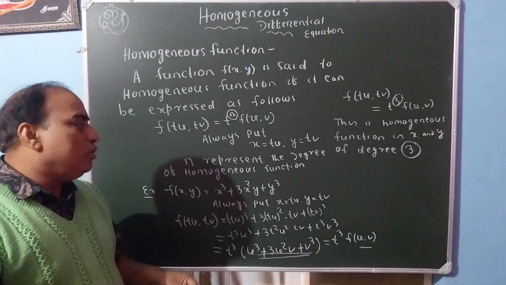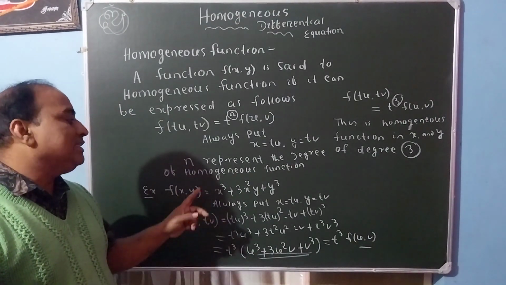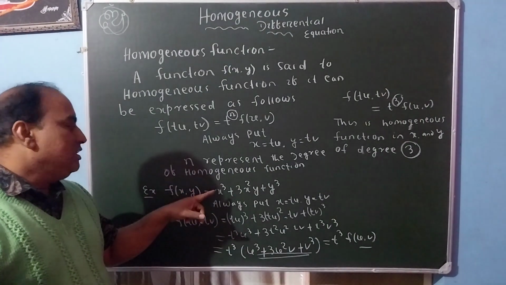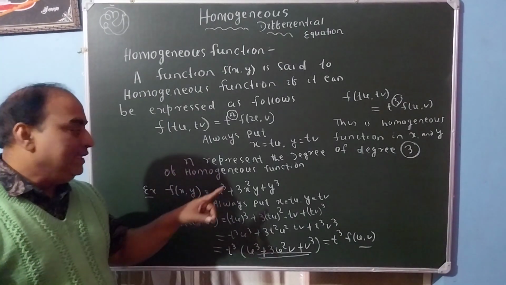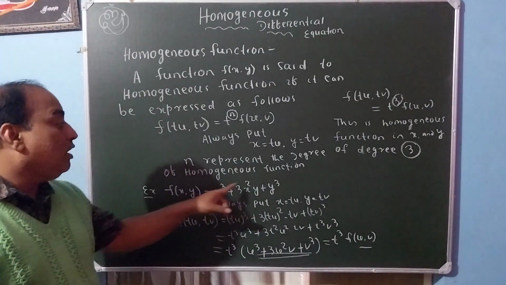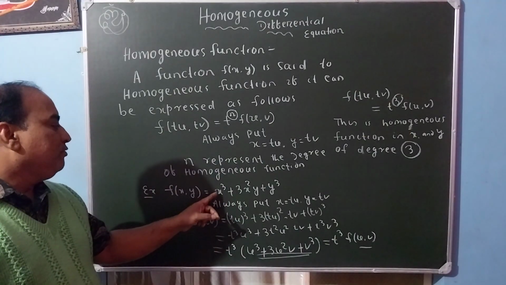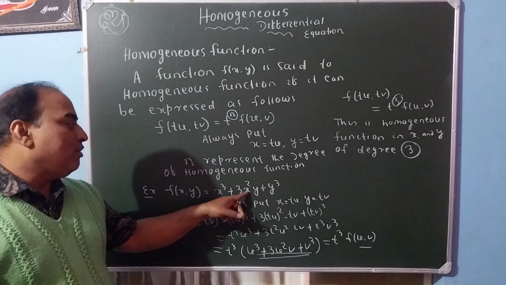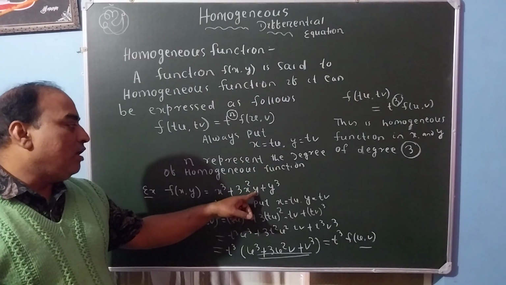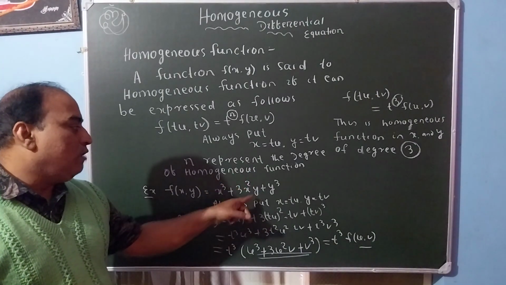This is a homogeneous function in x and y of degree 3 because the sum of the powers of x and y in each term is equal to 3. Here the power of x is 3. Here the power of x is 2 and the power of y is 1, so the sum is 3.